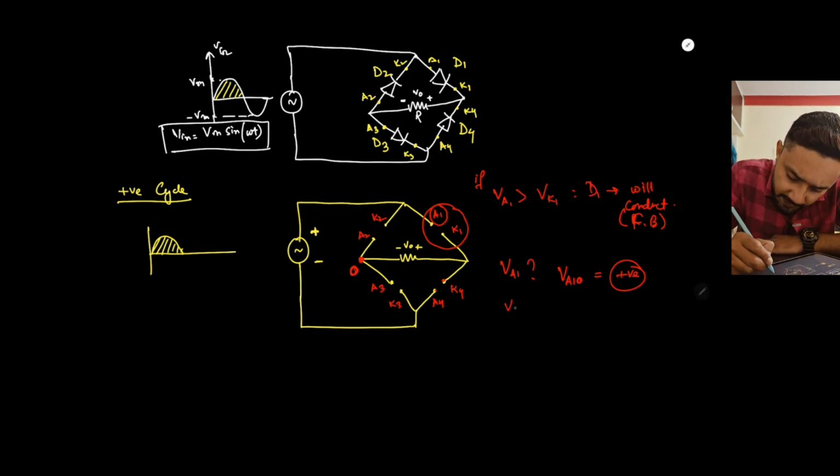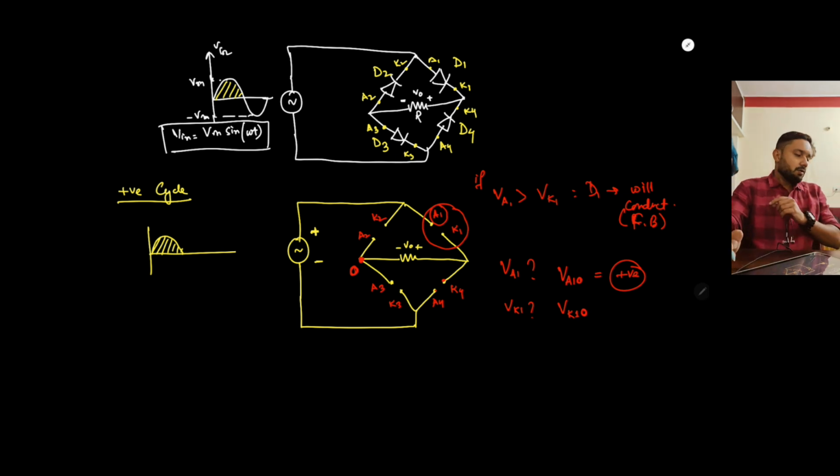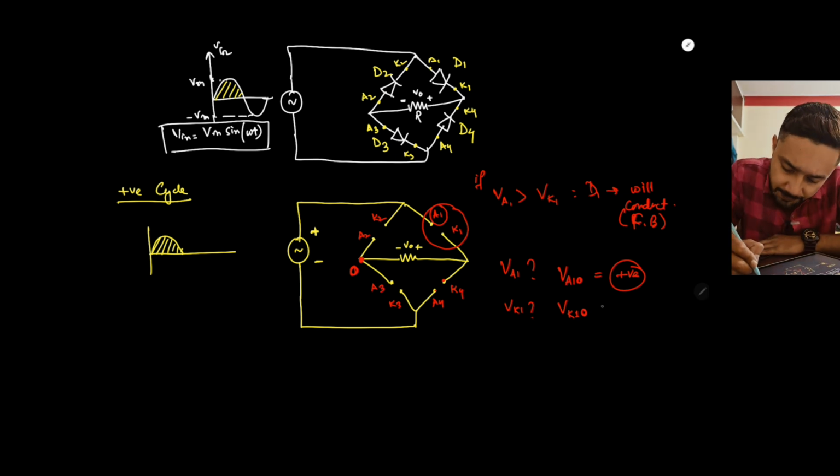And what will be VK1? VK1 with respect to the reference point: the diode is not conducting, so obviously no current is passing in this circuit.